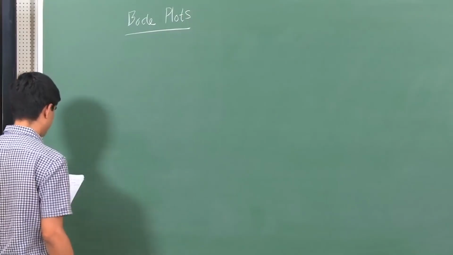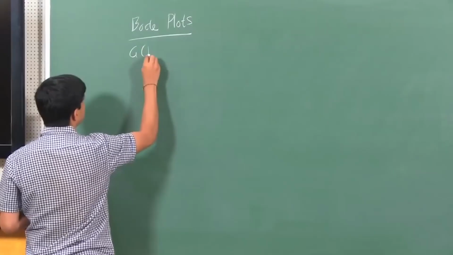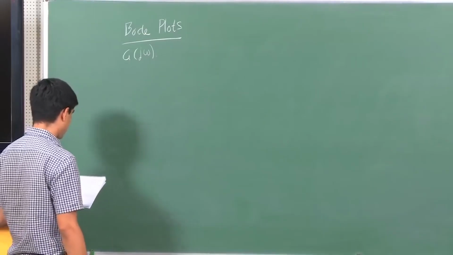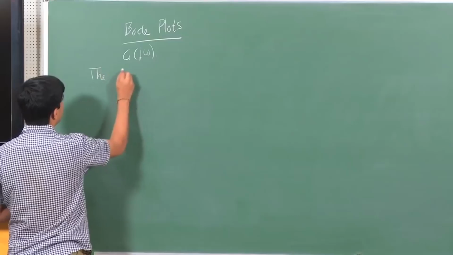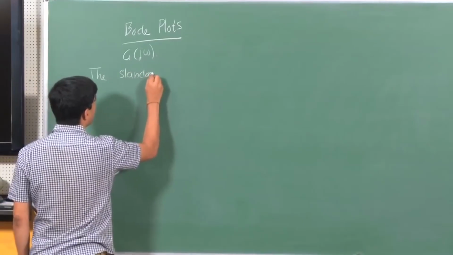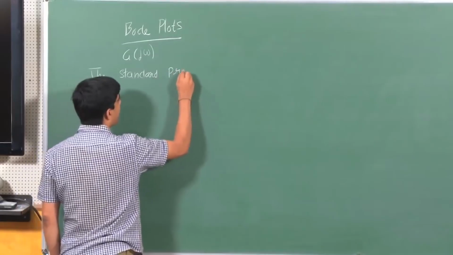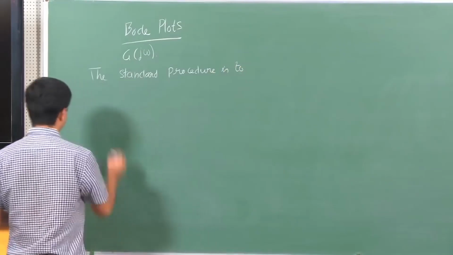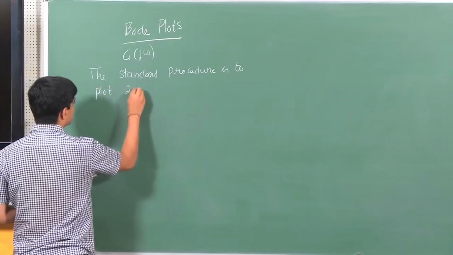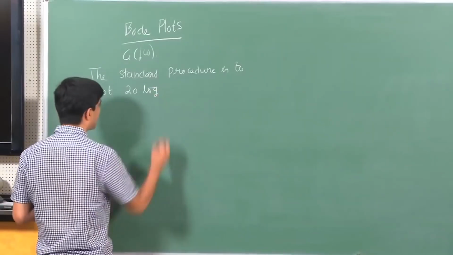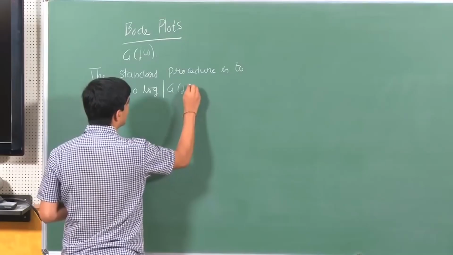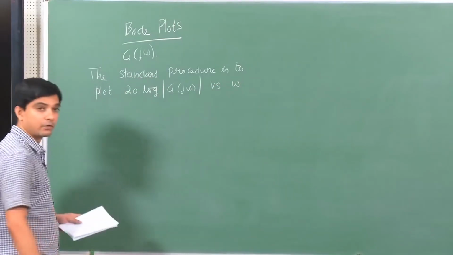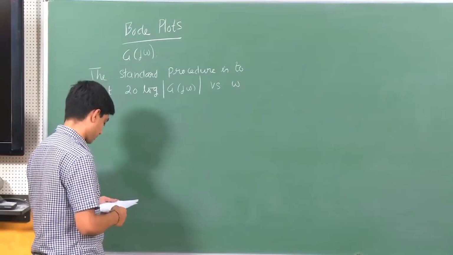Okay, so we are given a transfer function in the sinusoidal form G of j omega, and the standard procedure is to plot 20 log of the magnitude of G(j omega) versus the frequency, and the frequency will be on a log scale, and we will see the importance of doing this on a log scale.